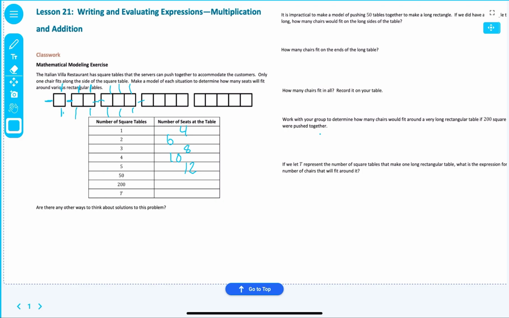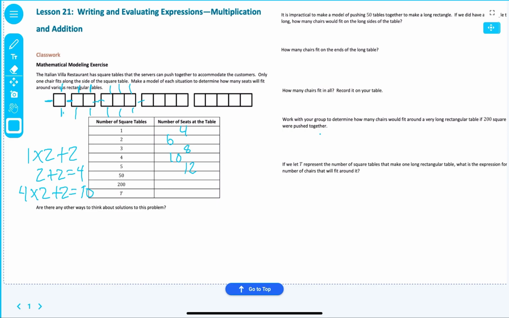Well, we could say 1 times 2 plus 2. That's 2 plus 2 equals 4. What about for 4? That would be 4 times 2 plus 2, and that equals 10. And so that works out, right? Those work out. So that is our formula.